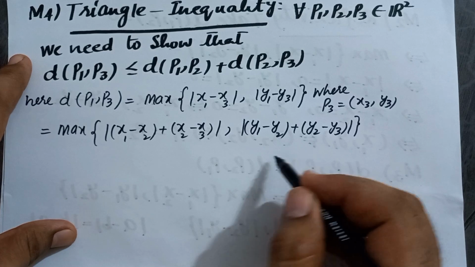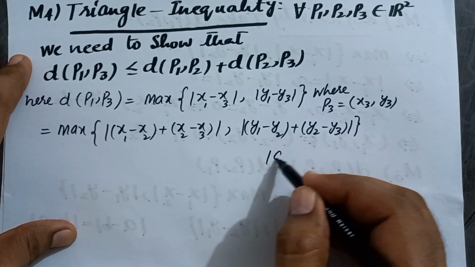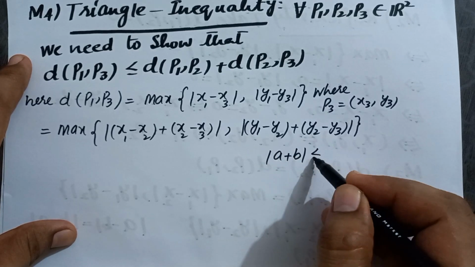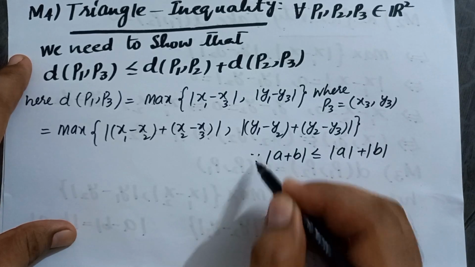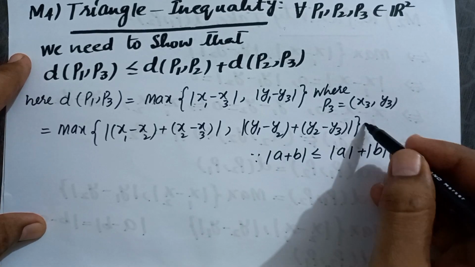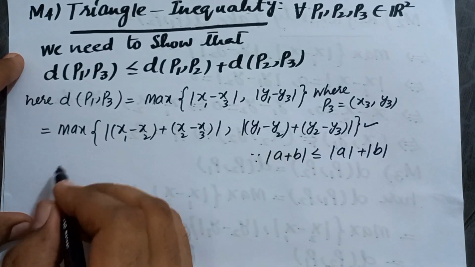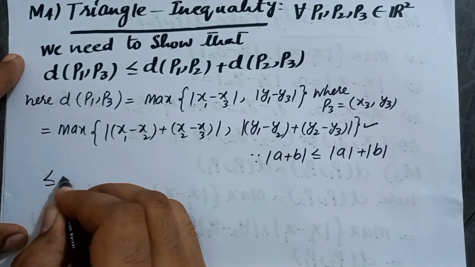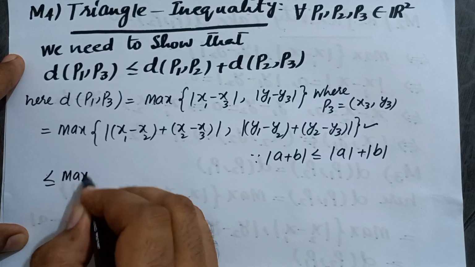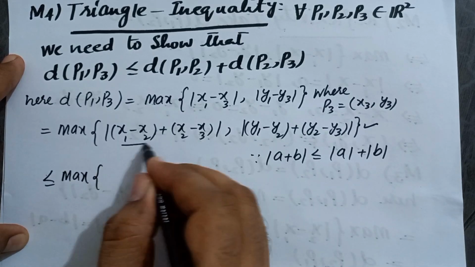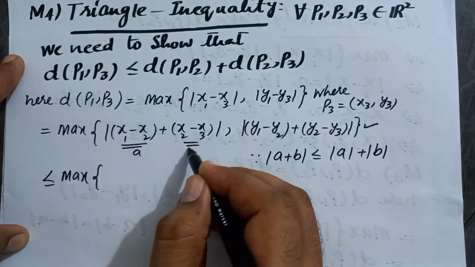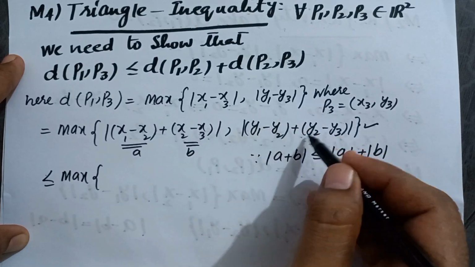Now, by using a familiar result of calculus, absolute of a plus b is always less than or equal to absolute a plus absolute b. By using this result, the expression inside the maximum can be written with a less than or equal sign, since the maximum preserves this inequality. This is our a, this is our b, and similarly here.